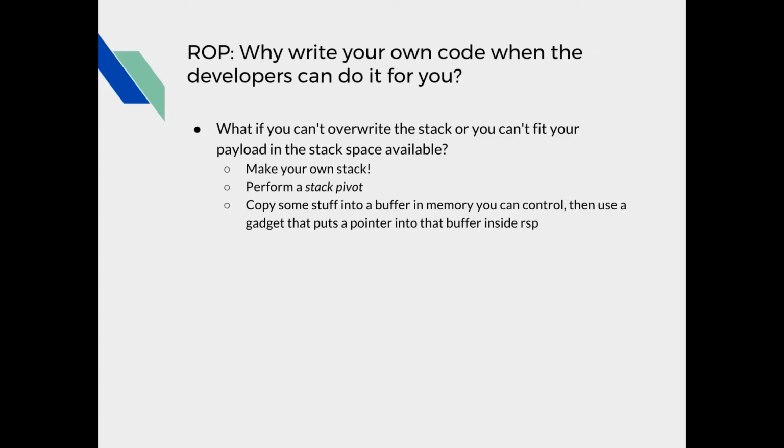A stack pivot is when you find a ROP gadget that will put a pointer to memory you can control in the stack pointer. So what you would do is put something in a buffer, which doesn't even need to overflow, and then find a gadget that will make that the new stack. And from there, you can pop off values in return like you normally would with ROP.